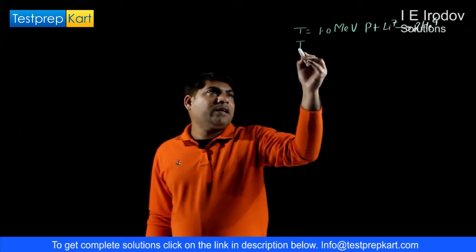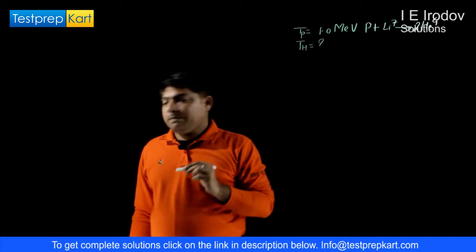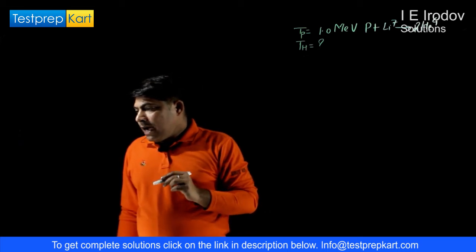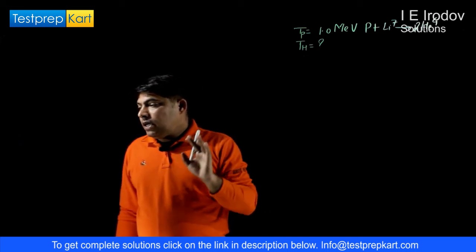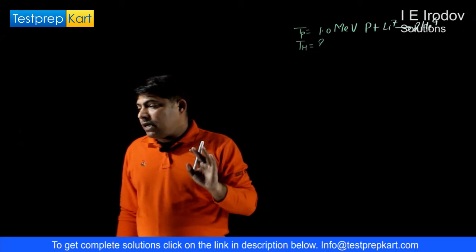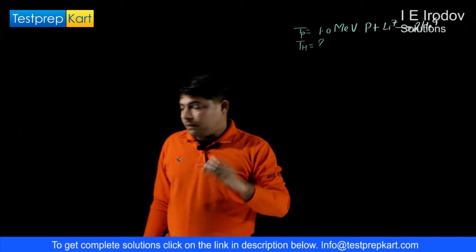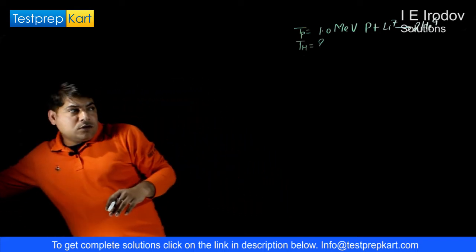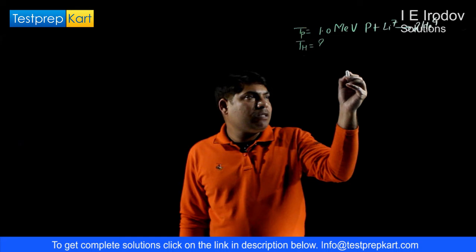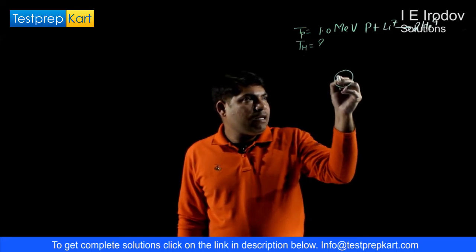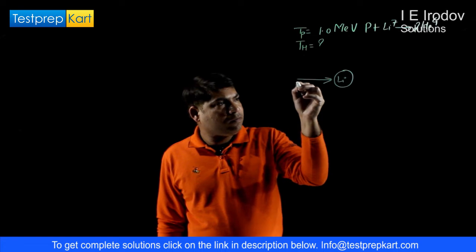So we have to calculate the kinetic energy of each alpha particle, and the angle of their divergence, provided their motion directions are symmetrical with respect to the incoming proton. Some kind of reaction is taking place. Suppose there is a lithium nucleus and a proton is coming towards it.